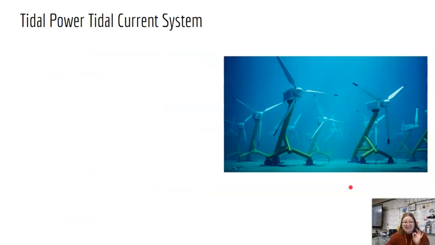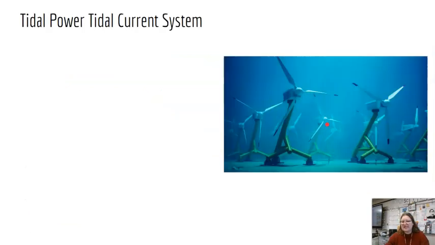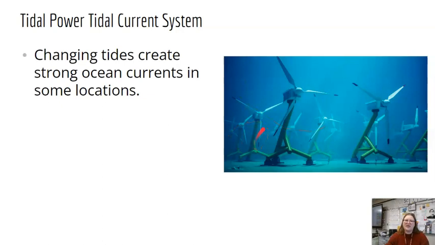Now, related to tidal power, but not exactly the same, is a tidal current system. In tidal power, we have something that looks sort of like a dam built across, that goes up and down with the tides, and that movement generates electricity. With a tidal current system, we have these kind of wind turbine things.